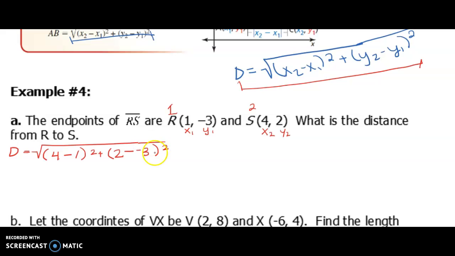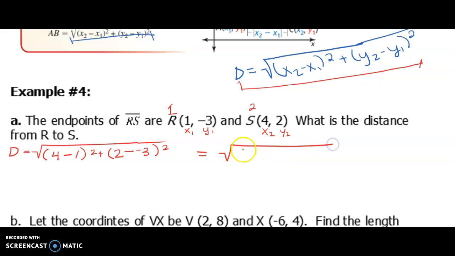All I did is plug x1, x2, y1, y2 into that distance formula. Most of you who make a mistake will make it simplifying, like we're going to do now. The easiest way is to do it step by step. Don't try to do too much.